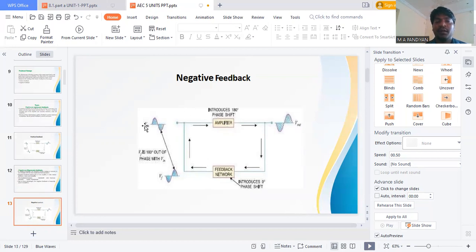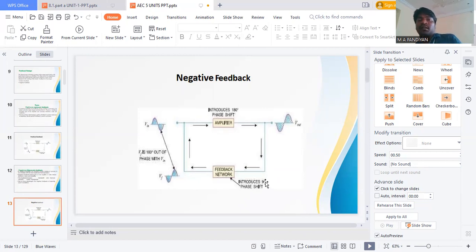If you see the input and feedback, both are out of phase, that means a 180-degree phase shift. Here the amplifier introduces a 180-degree phase shift, and the feedback introduces a 0-degree phase shift.